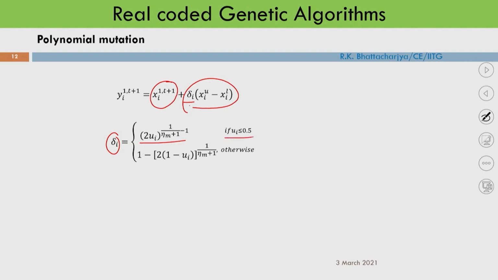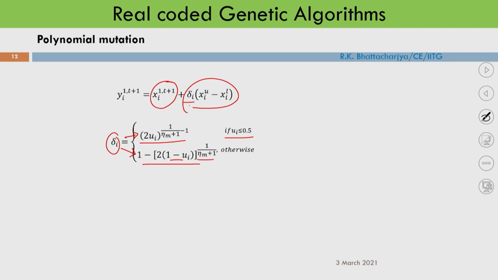If ui is less than 0.5, where ui is a random number, then delta i is calculated using this equation. Otherwise, you calculate delta i using this equation, which is 1 minus 2 into 1 minus ui, to the power 1 by eta m plus 1.